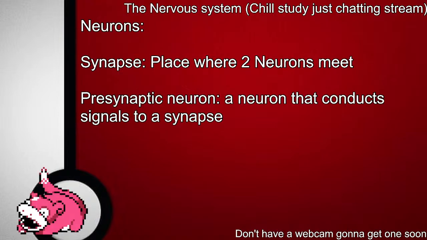A presynaptic neuron is a neuron that conducts signals to a synapse, and a synapse is a place where two neurons meet up to exchange information. Boom! There we go. That's what I'm talking about. I'm learning. It's nice. 1 hour and 40 minutes. Nice.